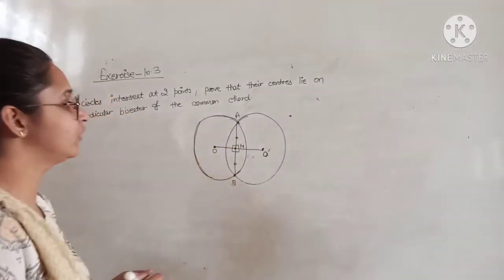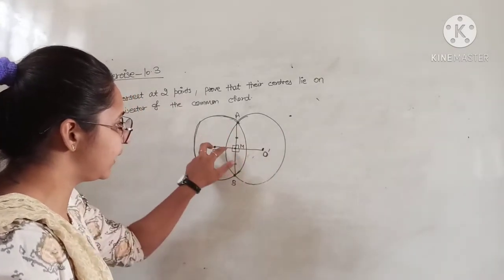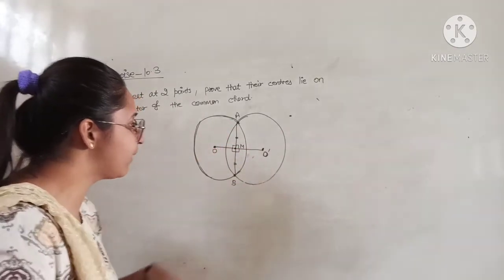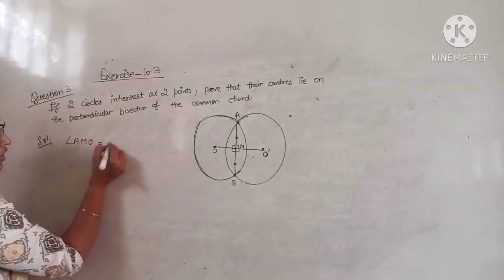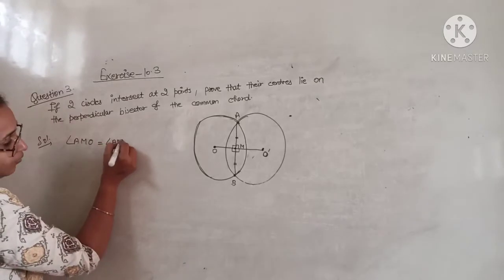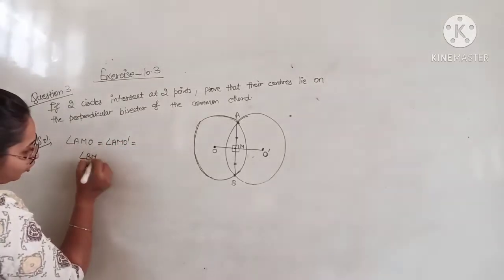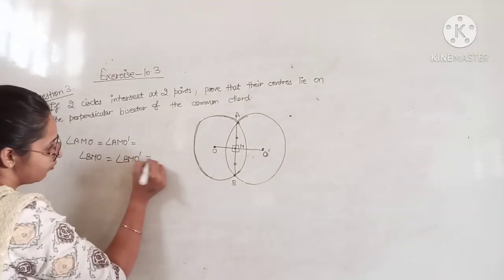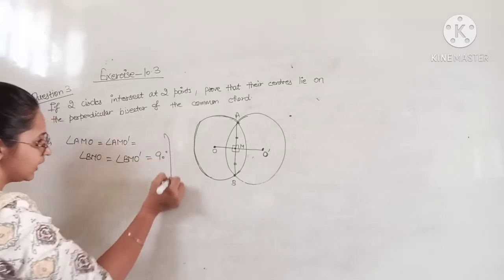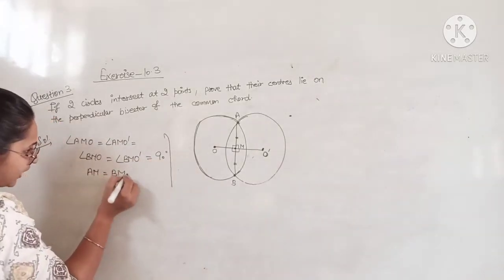Perpendicular bisector means angle AMO is equal to angle AMO dash is equal to angle BMO is equal to angle BMO dash. All are 90 degrees and AM is equal to BM. This we have to prove.